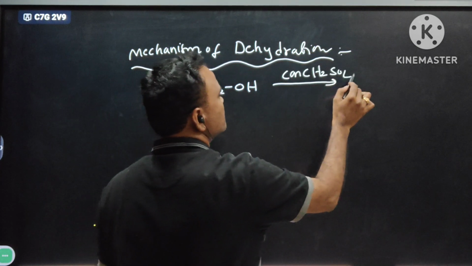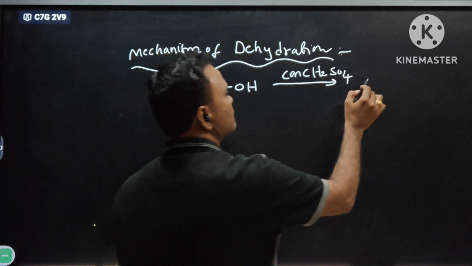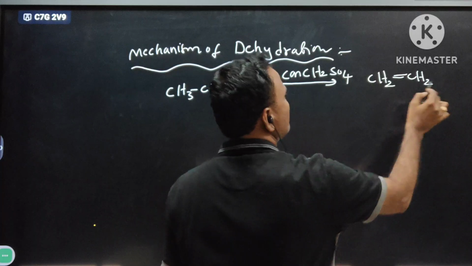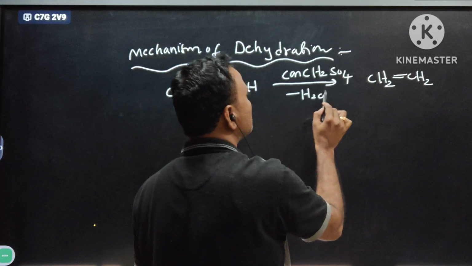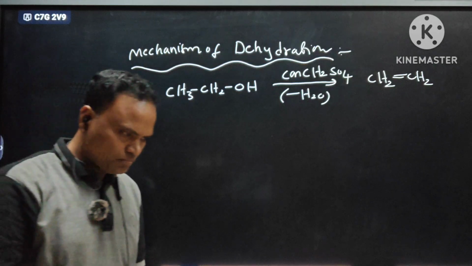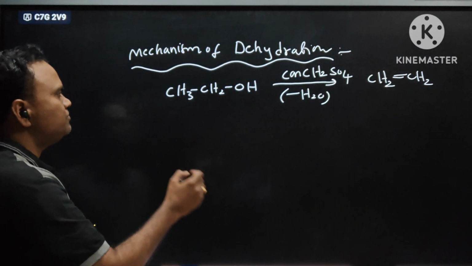Concentrated sulfuric acid is the dehydrating agent. Alkene is formed by the elimination of a water molecule. See the mechanism: step 1, step 2, step 3.